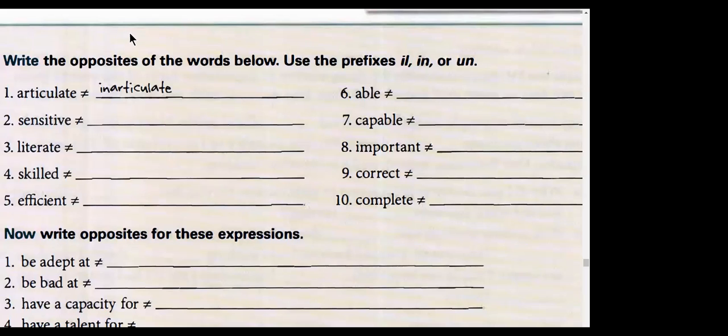Be good at. Have a capacity for. Be unable to. Unable. And have a talent for. Incapable. What do you have in the last one? I should say incapable. Have a talent for.